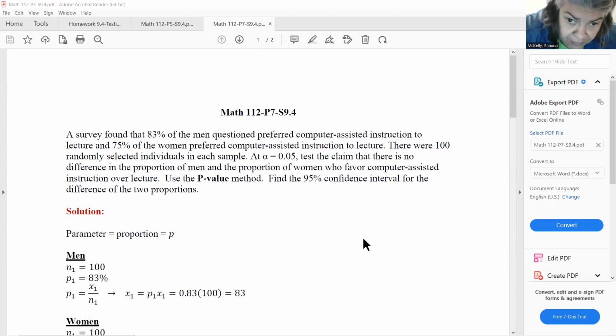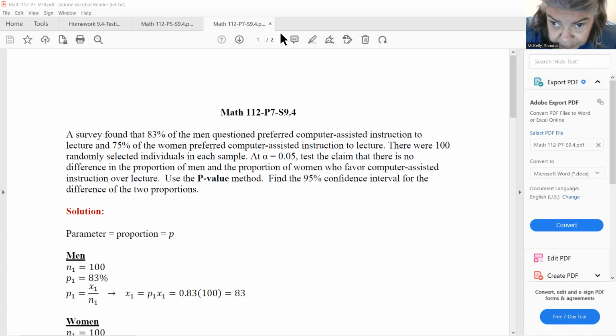A survey found that 83% of the men questioned preferred computer-assisted instruction to lecture, and 75% of the women preferred computer-assisted instruction to lecture. Okay. There were 100 randomly selected participants in each sample. Now, notice what it says here.